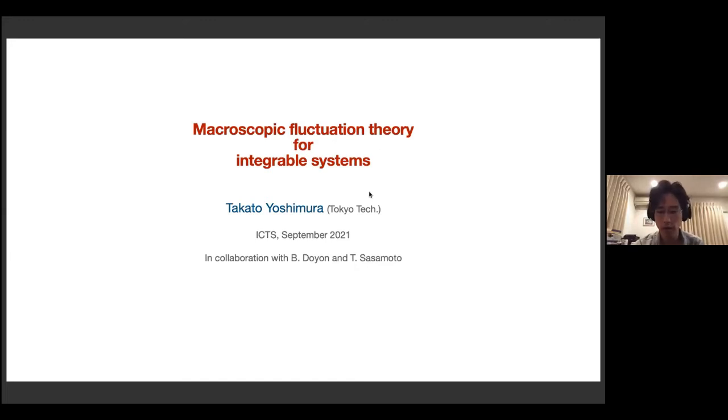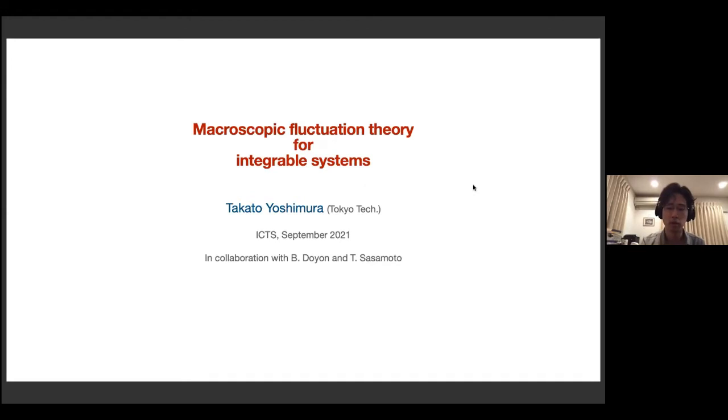But the underlying idea seems to be rather universal. So I think it's a natural idea to try to apply this MFT to study some large deviation properties of transport, in particular quantum transport.